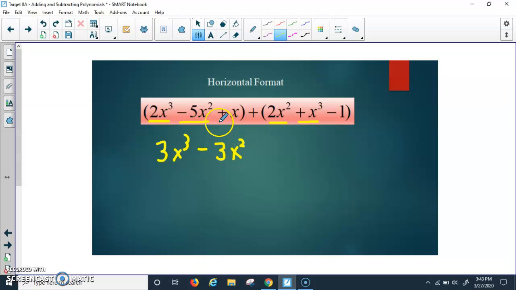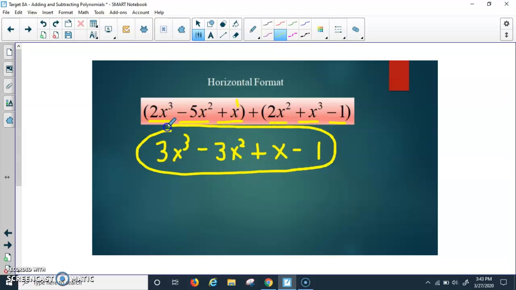And now you look for an x to the first power, which is right here. Remember, that's got an exponent of 1 on it, and there is no x to the first power over here. So we just write that next term down. And then finally we look for our constant, which is right here, and there's no other constant to combine it with. So that right there is your polynomial when you've added those two together.